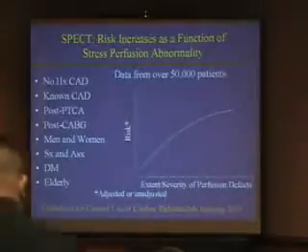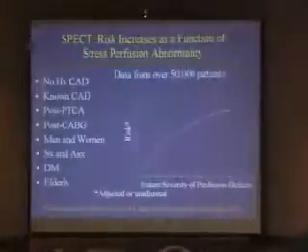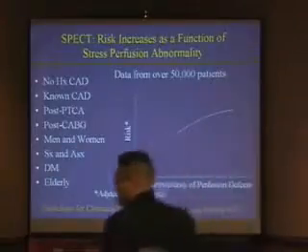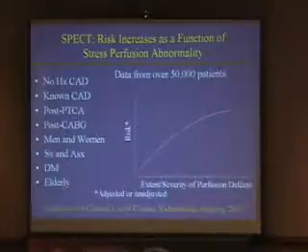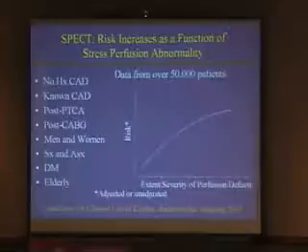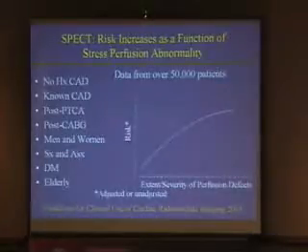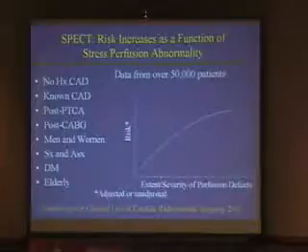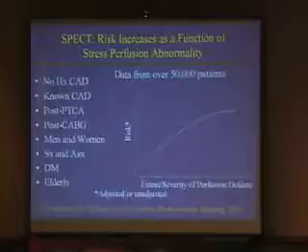Based on many centers' data in over 70,000 patients now, reported with this medium-term follow-up, we see that the nuclear test is effective in defining events over a few-year period of time. Not 10 years, the way we can talk about with coronary calcium, but a shorter term.